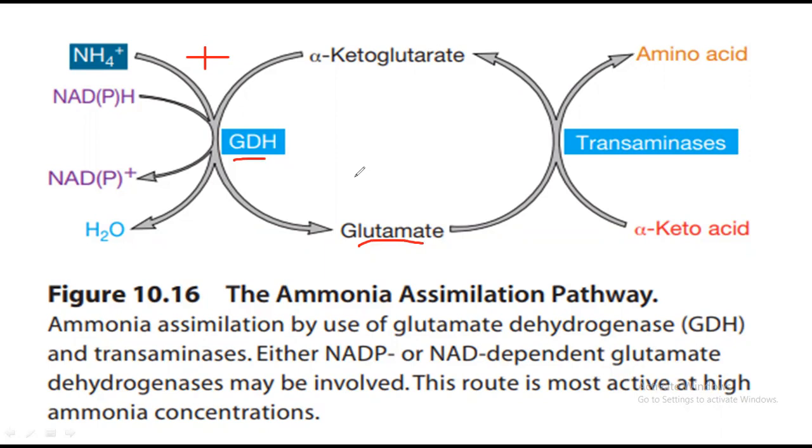Just NH3 reacts with the alpha ketoglutarate and gives rise to glutamate. And another important point I want to tell you guys: glutamate has the ability to give its NH2 group to other keto acids and give rise to other amino acids.